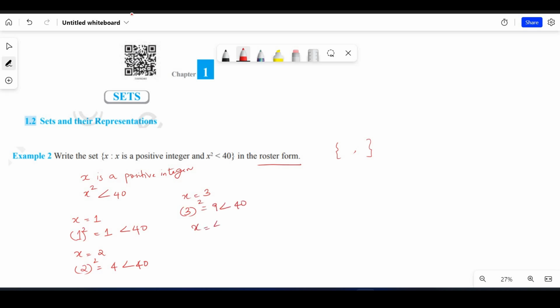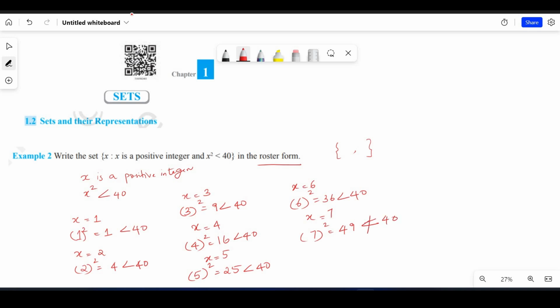Then x is equal to 4, 4 square is equal to 16, which is less than 40. x is equal to 5, 5 square is equal to 25, less than 40. x is equal to 6, 6 square is equal to 36, which is less than 40. x is equal to 7, 7 square is equal to 49, which is not less than 40. That means up to 6 are our values. So we can write it in the roster form as 1, 2, 3, 4, 5, 6.